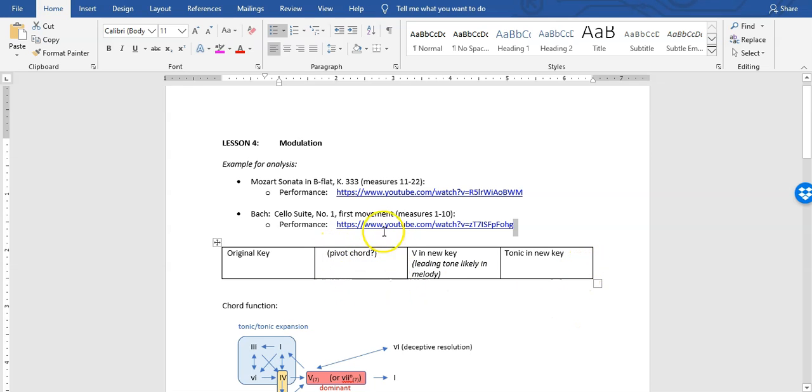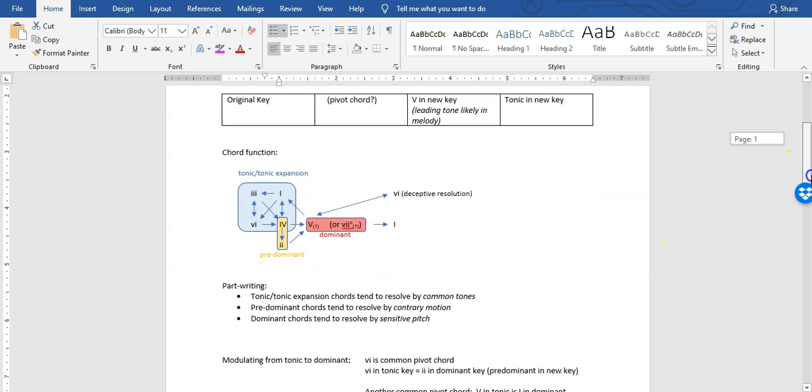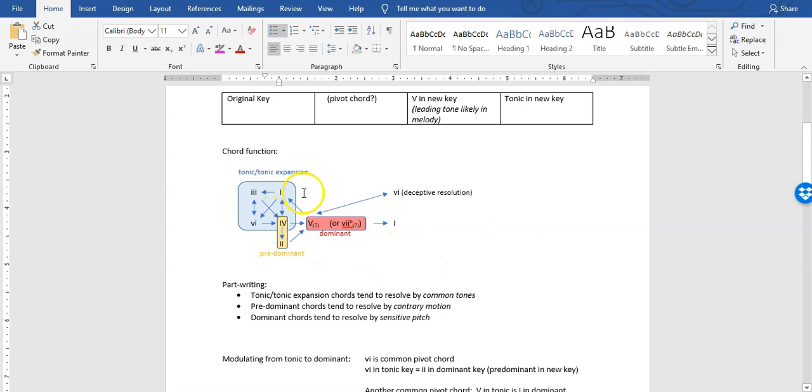In terms of describing and understanding how modulation works, it often is dependent on the chord that comes right before the dominant in the new key, what we call a pivot chord. Here it's important to understand chord function overall. This is a chart that I've created over the years. Other books have different charts, but these show how chords tend to resolve to each other.